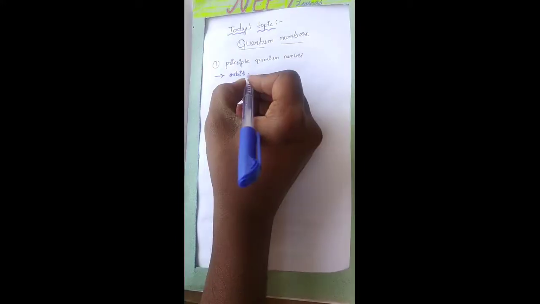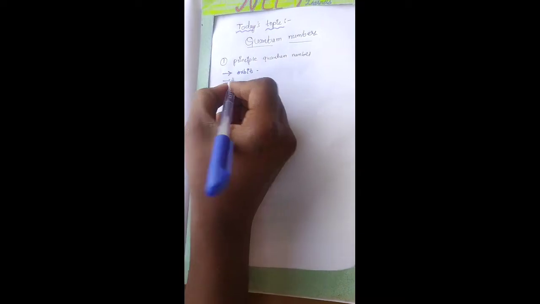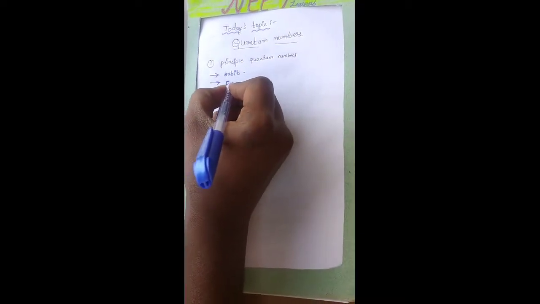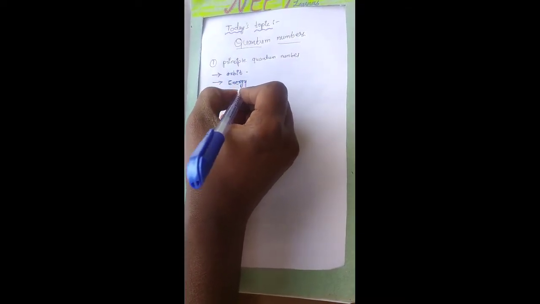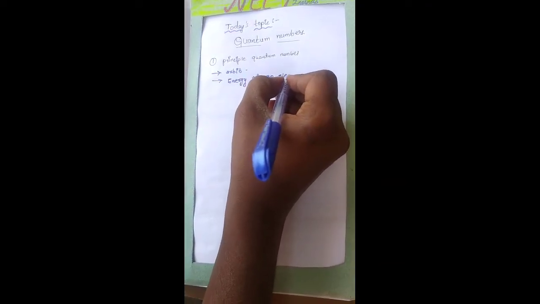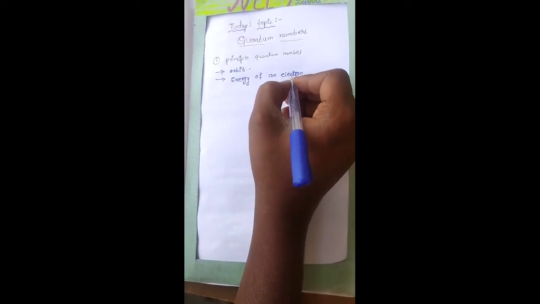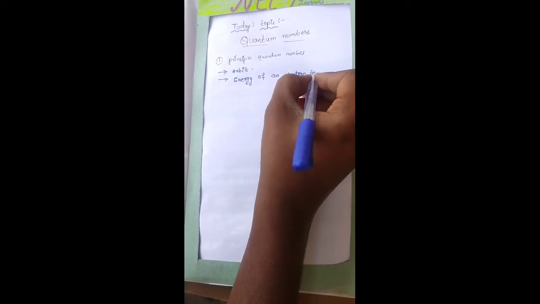The first point, students, is that it describes the orbit, and the second point is that it describes the energy of an electron in the orbit. How much is the energy of the electron in the orbit?